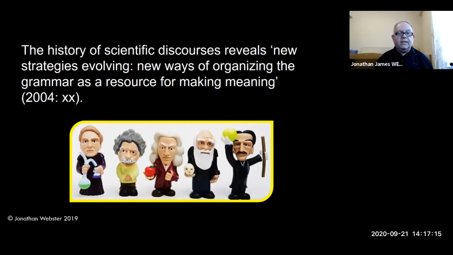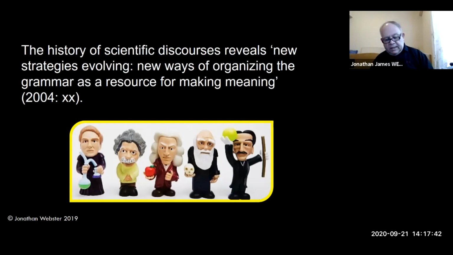Now, scientific discourse. Halliday did an interesting study, and it began because Halliday was wanting to see why children in school had difficulty with their science textbooks. What was it that made it difficult for students to be able to handle the language of science?